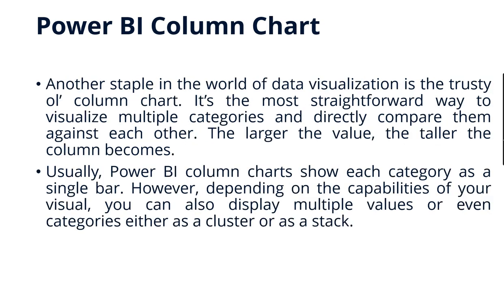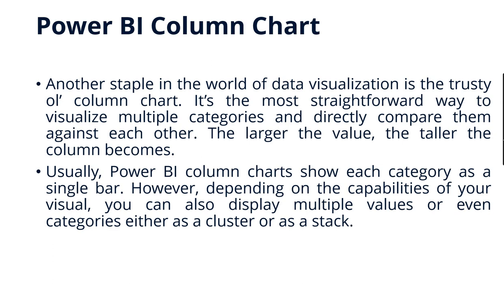Next one is the Power BI column chart. It's a staple in the world of data visualization, the most trustworthy of all, the column chart. So it's the most straightforward way to visualize multiple categories and directly compare them against each other. The larger the value, the taller the column, and usually Power BI column charts show each category as a single bar.